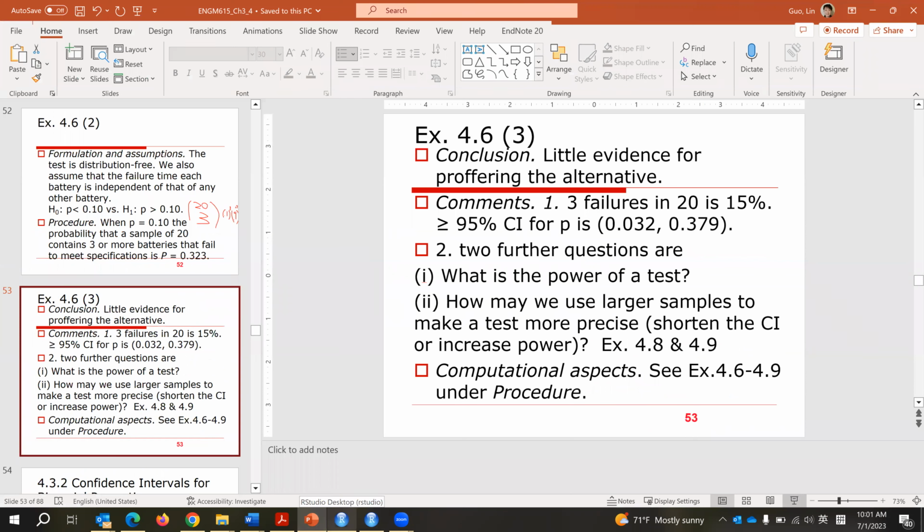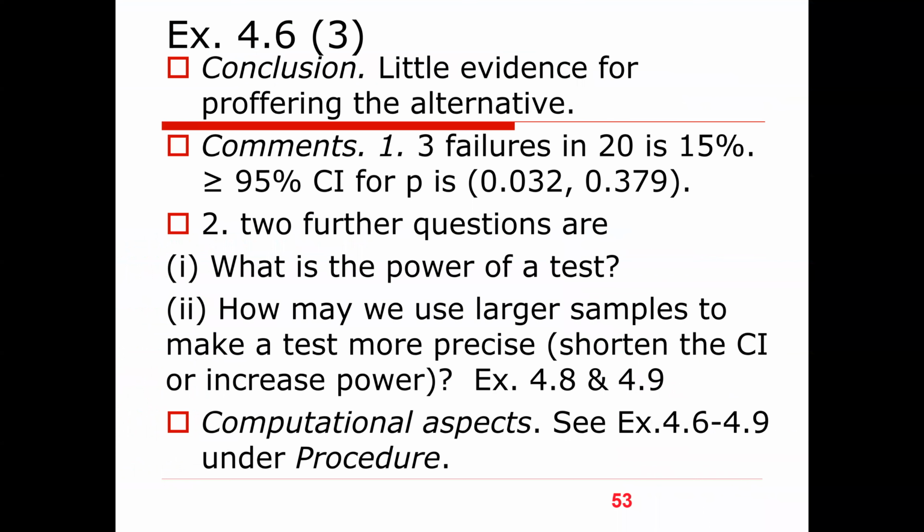So let's get back to this problem. The result is a weak evidence against the null, or we can say little evidence for the alternative. The 95% interval is this value, right? 0.1 is actually inside this range.